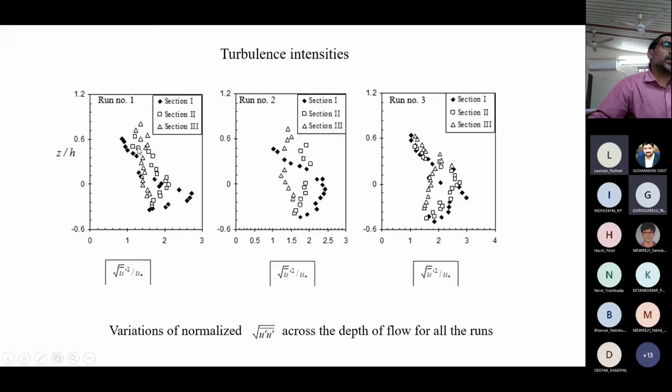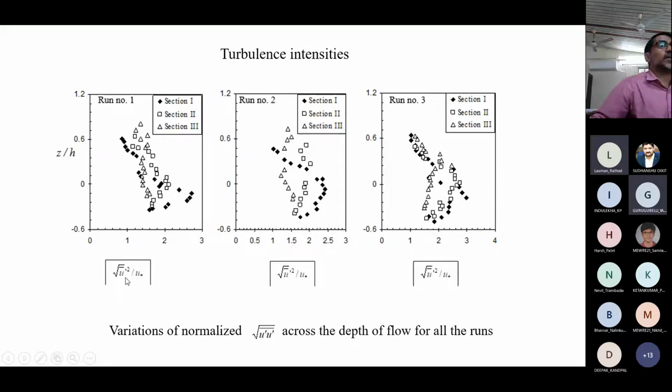If I take these dark black dots here, the maximum value is around this z/h0. So it is increasing from the bed surface to the initial bed surface, that is z/h0, and from that value it is again reducing and going to the minimum value.